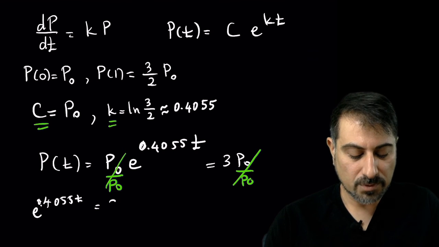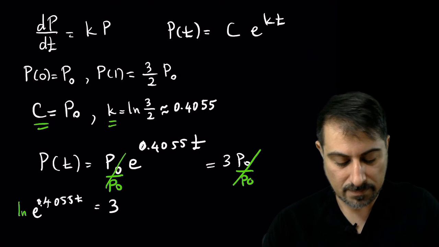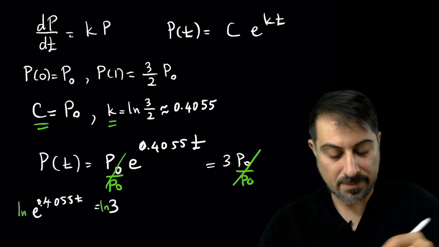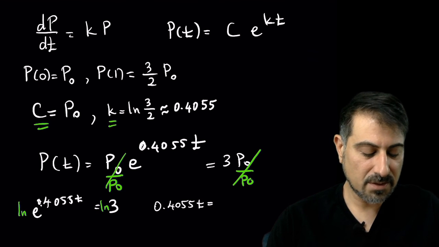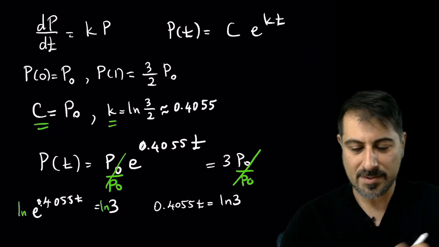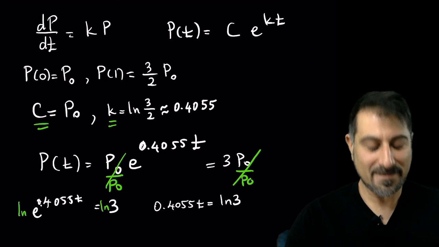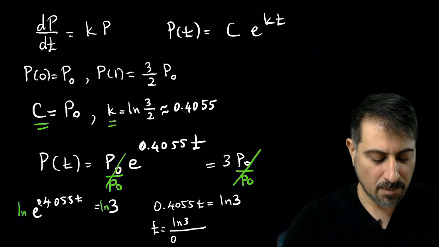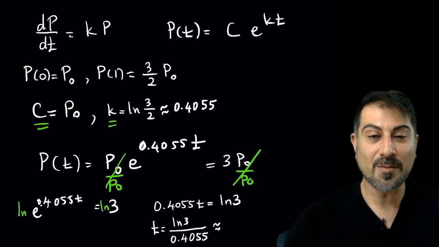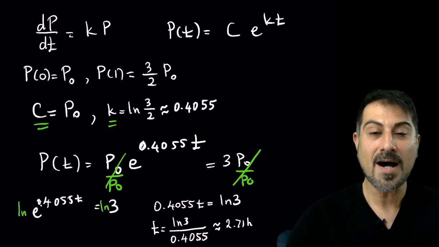So we have e to the 0.4055t equals 3. If we take the ln of both sides, we have 0.4055t equals ln 3. Now let's divide both sides of the equation by 0.4055, so that t becomes ln 3 divided by 0.4055, which is approximately equal to 2.71 hours.